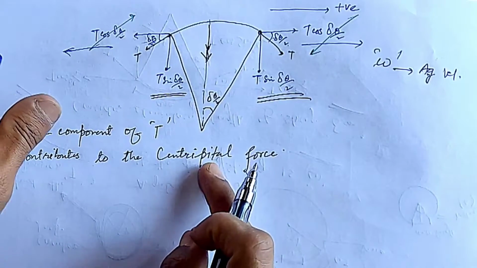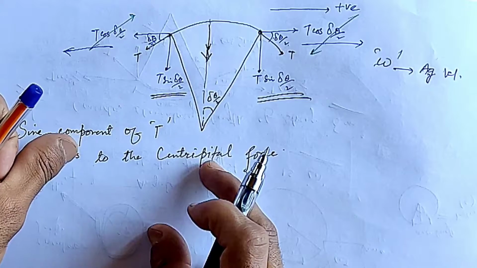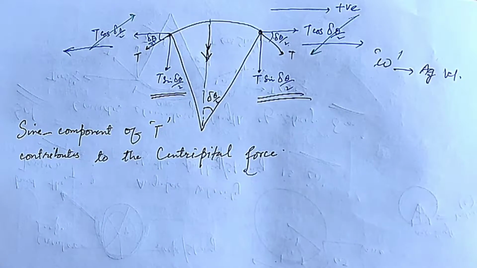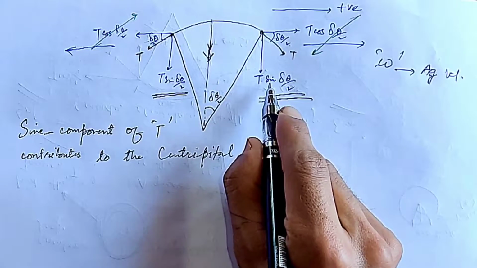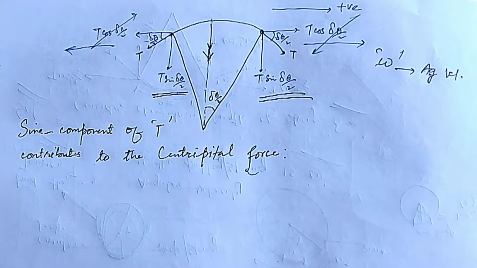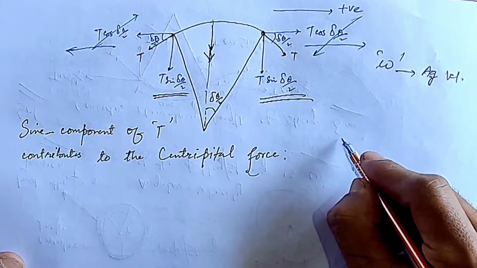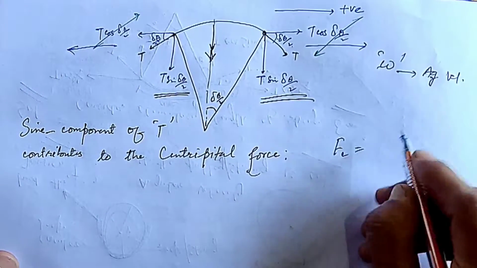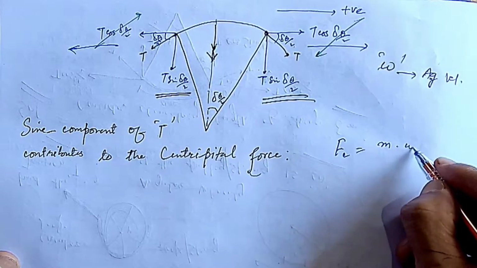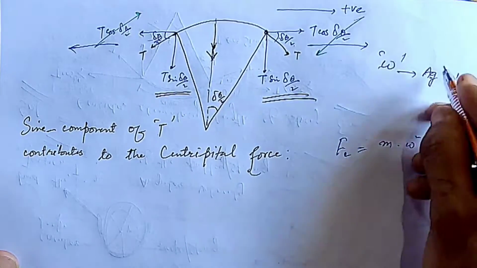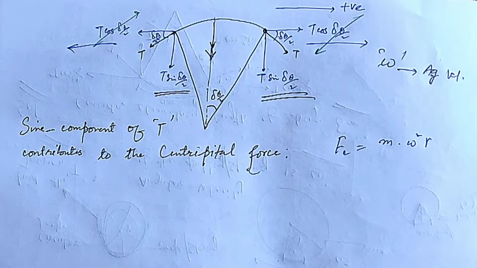So it will be set in circular motion due to some centripetal force, and that centripetal force is contributed by the sine component of the tension. So we know this centripetal force is equal to mass times omega square r, where omega is the angular velocity.